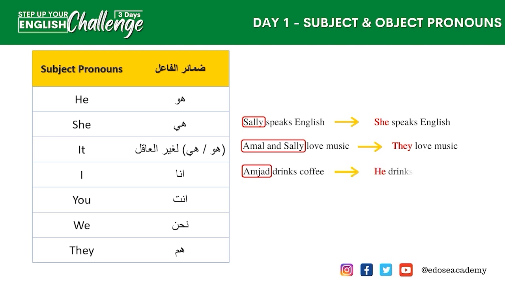So we will say he drinks coffee. Muna and I sell beauty products. See, here we have 2, Muna and I. So we will say we sell beauty products.